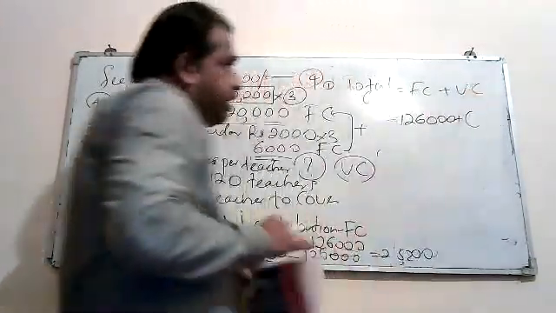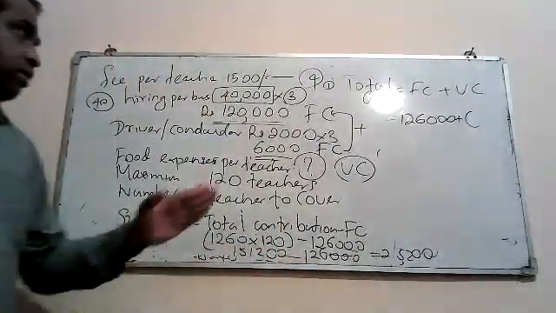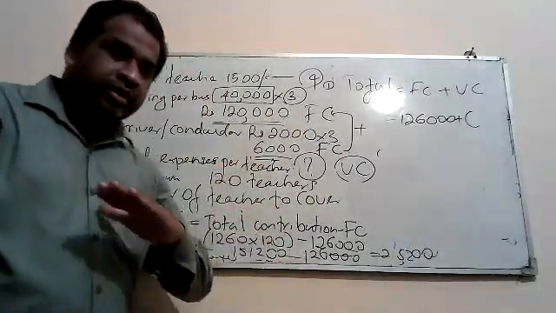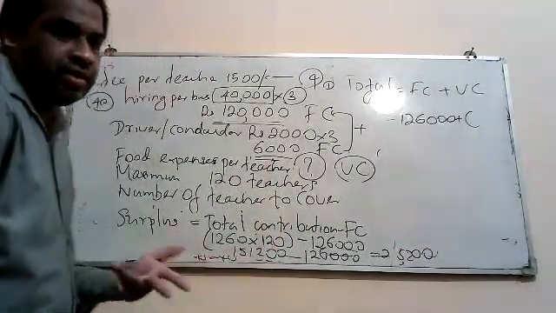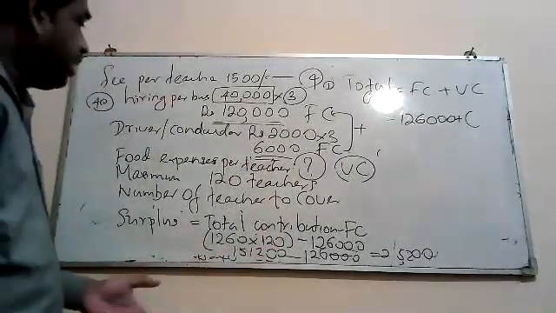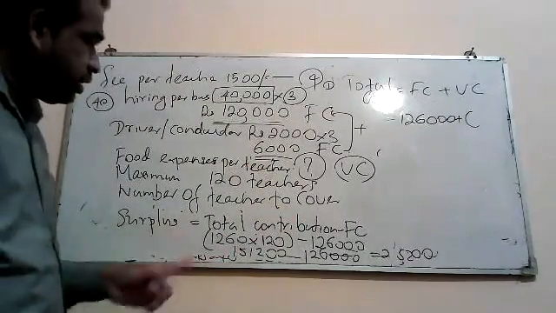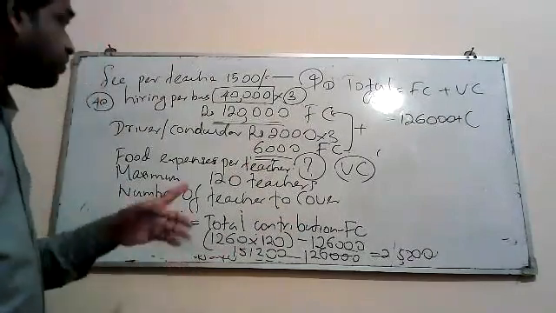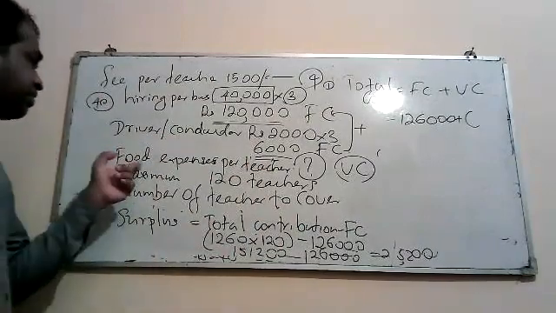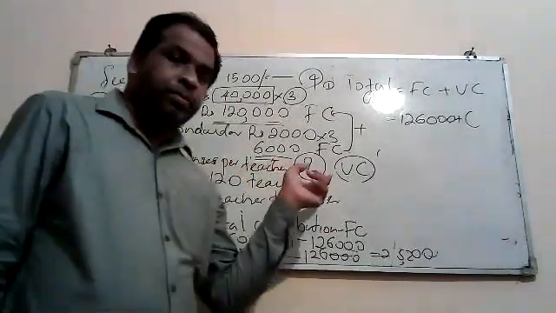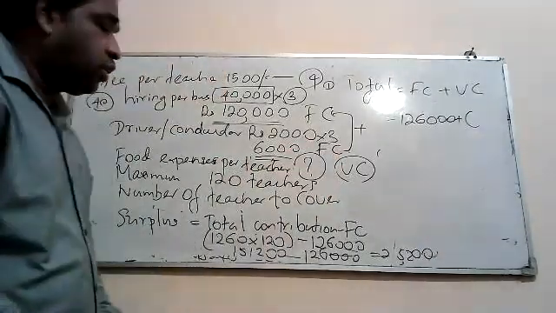But this will differ, because variable cost is the cost which just varies with the number of units or number of teachers taking part in it. Then we calculated variable cost per teacher 240 rupees. That is the food expenses. So replacement charges are 240.